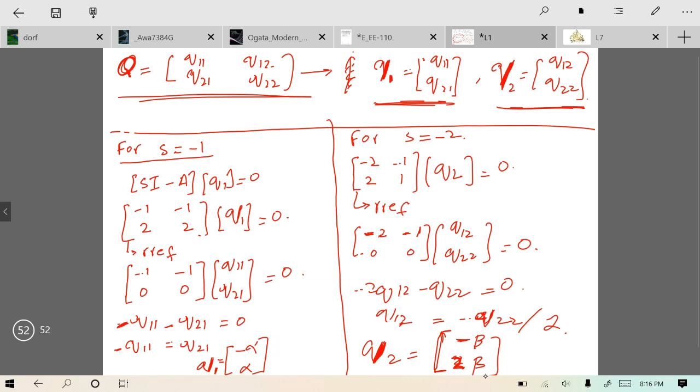If q12 is beta, then q22 would be minus 2 q12.